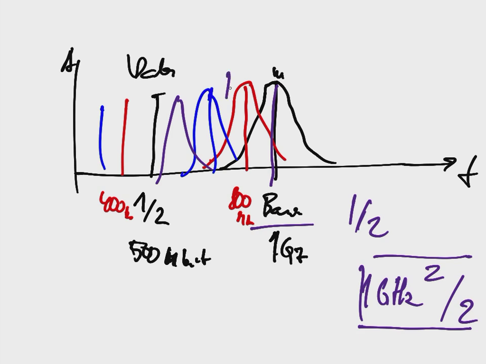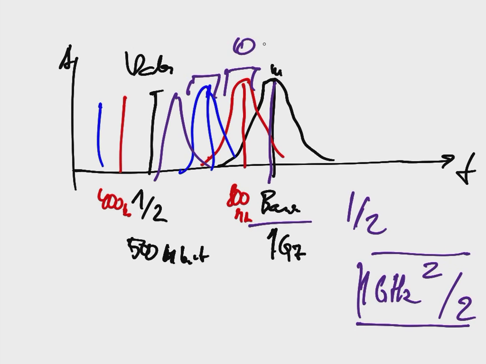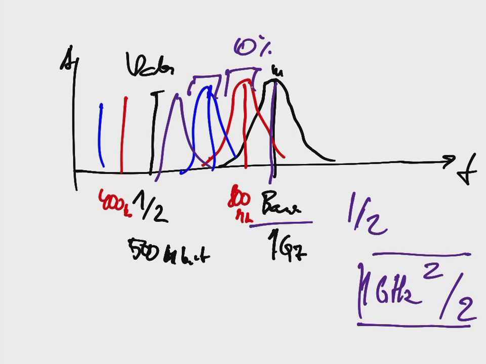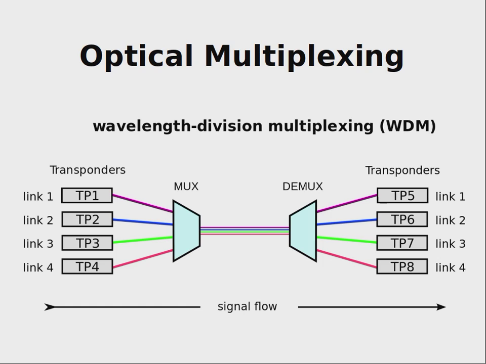But for electrical cables you cannot make this distinction very sharp. It is approximately, let's say, 10% or maybe 5%, no less. So that means it is actually much lower than that, because they are overlapping and you cannot filter them out very precisely.